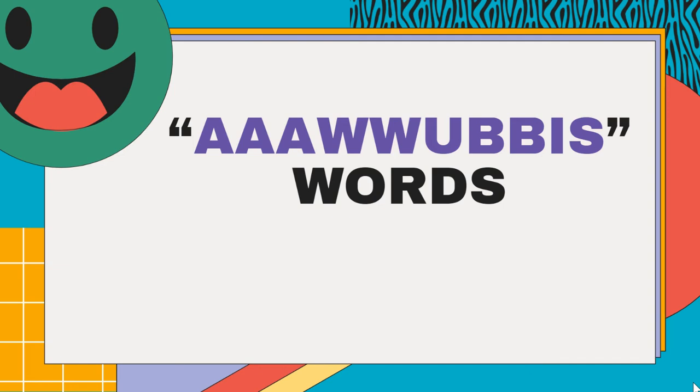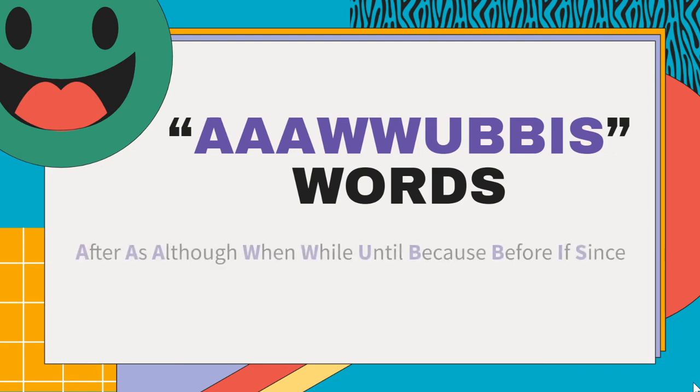So awubis words are my favorite. And obviously, awubis is another acronym. And awubis is after, as, although, when, while, until, because, before, if, or since. And you probably won't need to remember all of these.